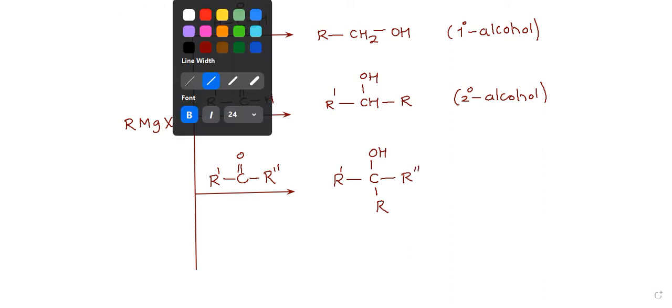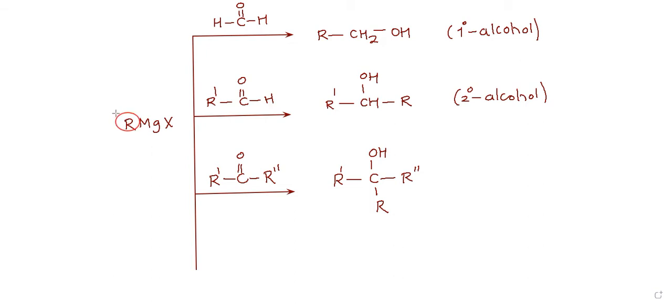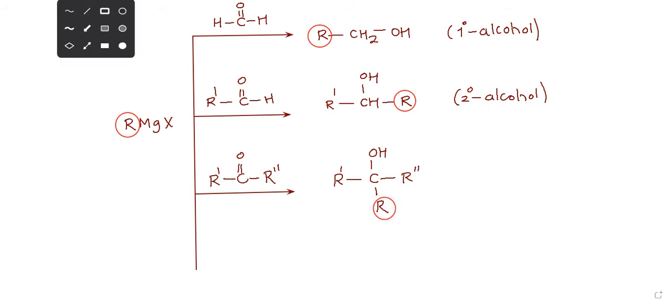To give you a marking of the groups, this is Grignard's R, which is coming over here. And the other R's, what we have written, they are coming from the aldehyde or ketone. One of the best reactions in organic chemistry with almost no limitation.